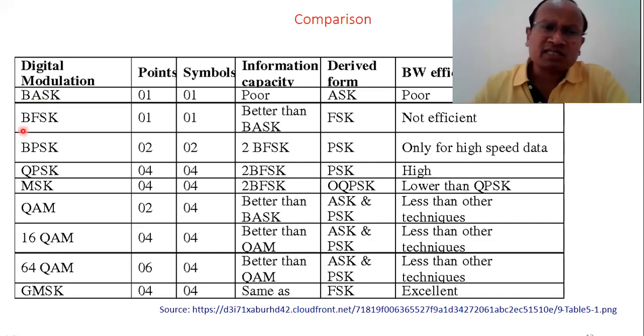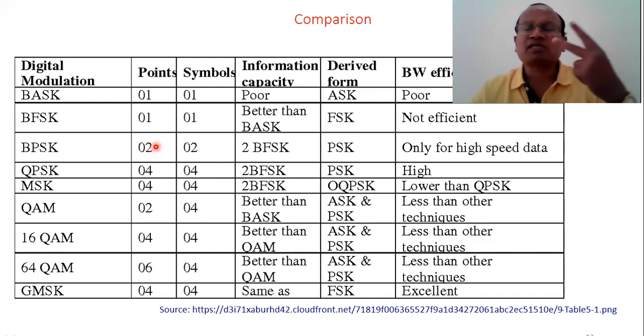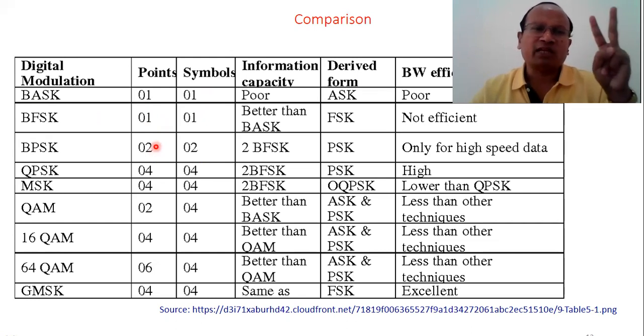So if we compare these three basic modulation methods, we'll find that in BASK there are 2 points, 0 and 1, the symbols are 0 and 1, and in BFSK also. In BPSK, there are 2 points accordingly, as per the change in phase. You have seen there are 2 phase values.